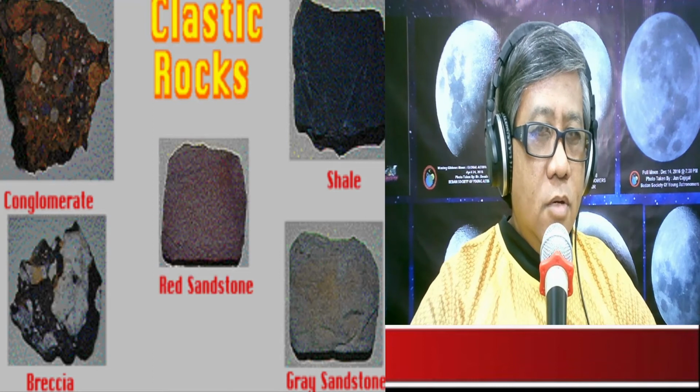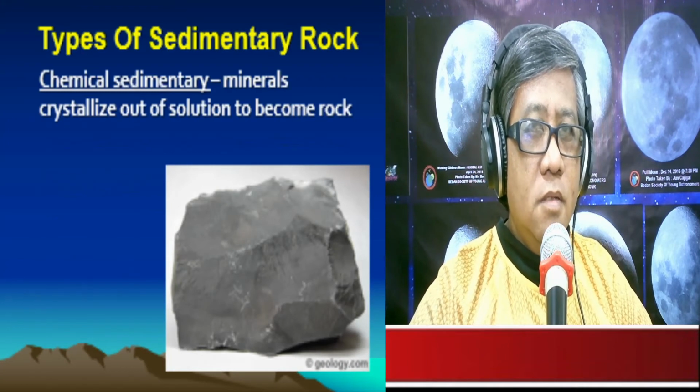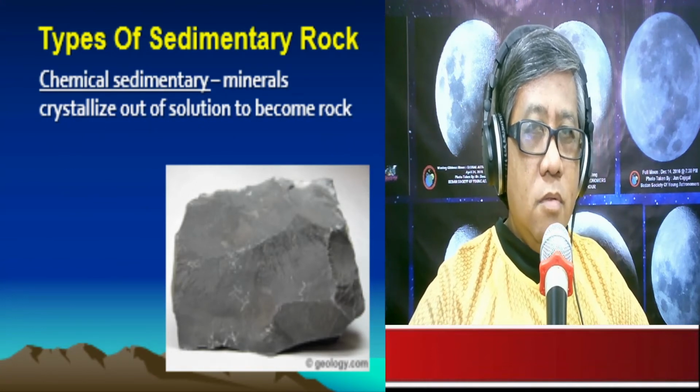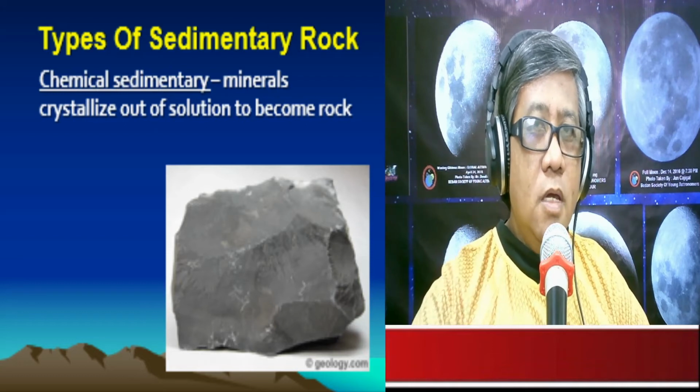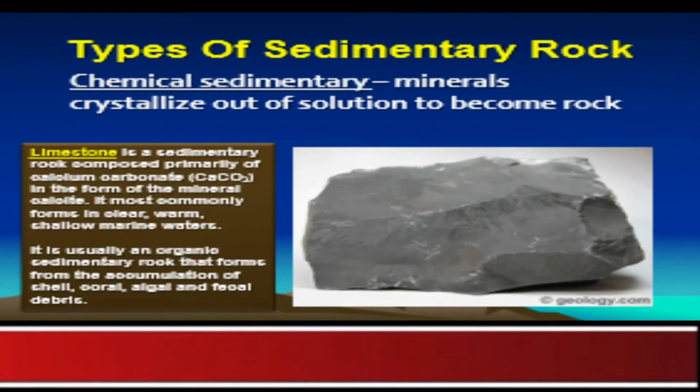So these clastic sedimentary rocks are made of fragments of pre-existing rocks that are cemented together by quartz or calcite. Now, another type of sedimentary rock is known as chemical sedimentary rock. Chemical sedimentary rocks are made of minerals that crystallize out of solution to become rock. One example is limestone, a chemical sedimentary rock composed primarily of calcium carbonate, with the chemical formula CaCO3.